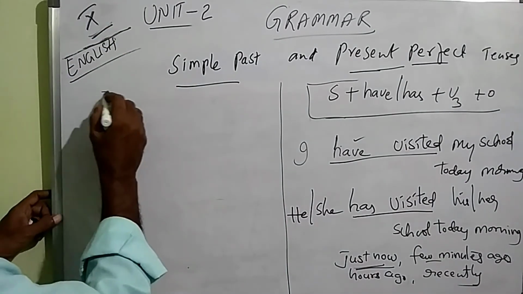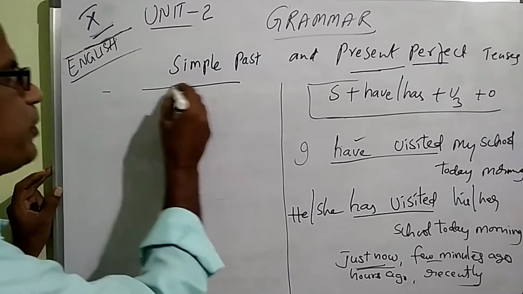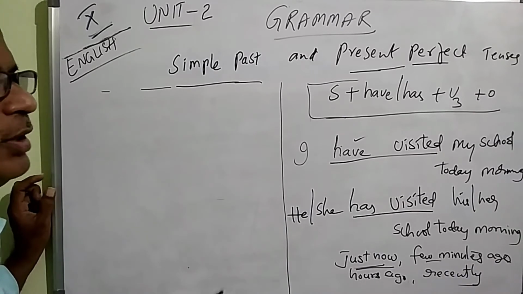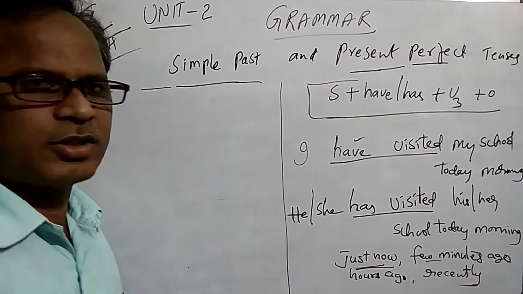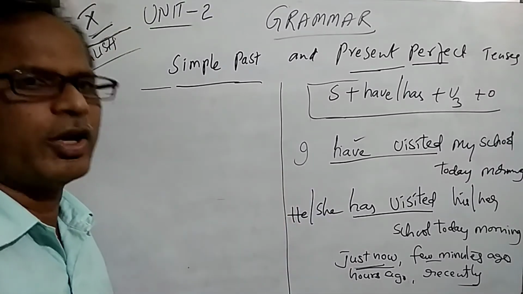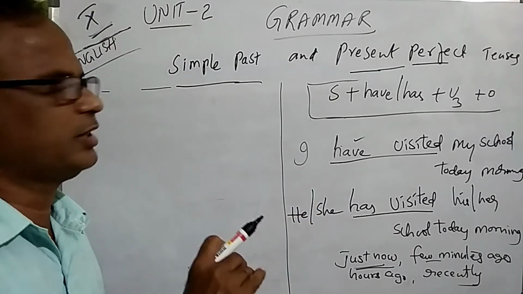Now let me come to the simple past tense. In this unit, the simple past tense is also discussed. What is simple past tense? Simple past tense also discusses the past action only. Children, you have to know that these are in different sentences. While reading sentences, we have to understand which tense they are in.